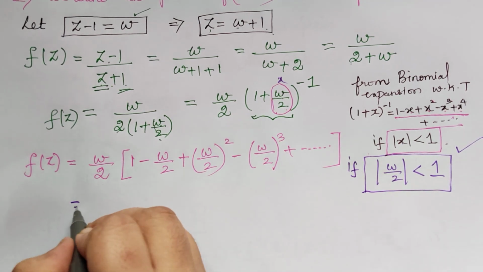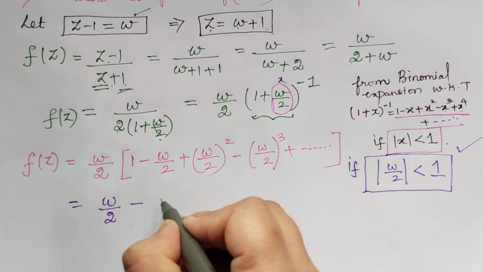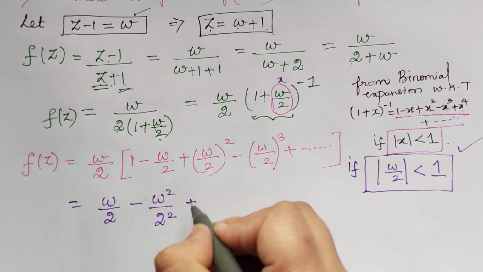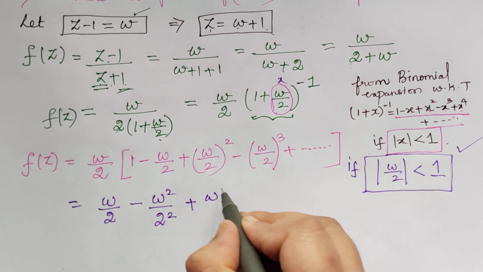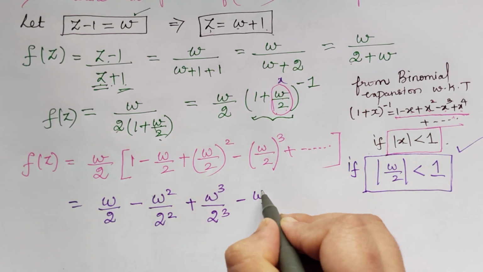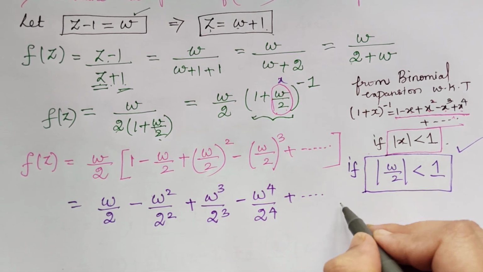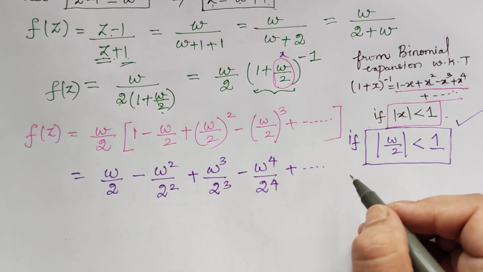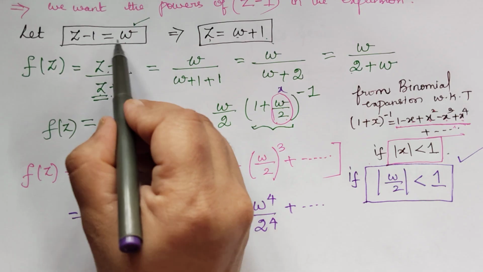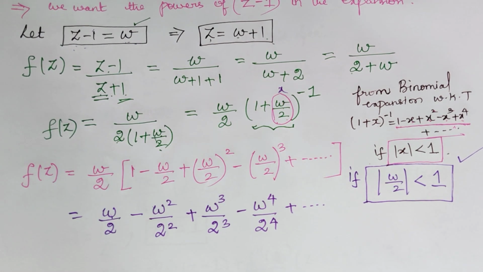Anyway, now when we multiply this w by 2 within the bracket, we get w by 2 minus w square by 2 square plus, when this w by 2 is multiplied it becomes w cube by 2 cube minus w power 4 by 2 to the power 4 plus etc. Now we shall replace this w by z minus 1. Let us make use of this substitution. So w is z minus 1.